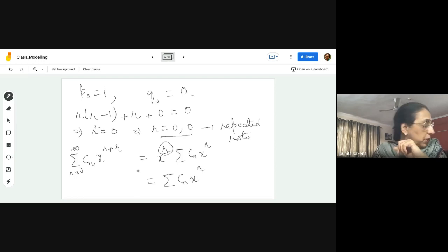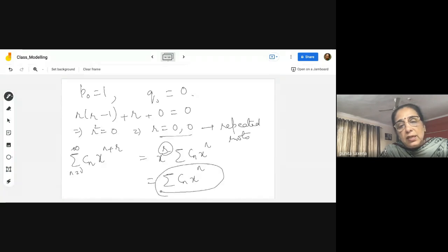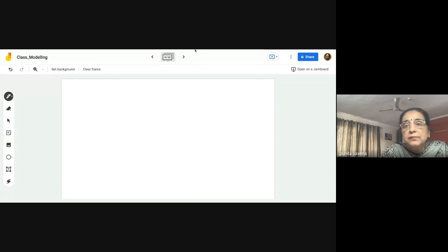What I would suggest is that, since this is simpler because we are going to have only one solution, we don't need two values of r. So you can simply start like this, and the way we have proceeded earlier, just find the coefficients Cn's. So this is your homework.